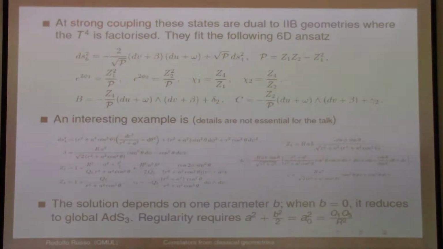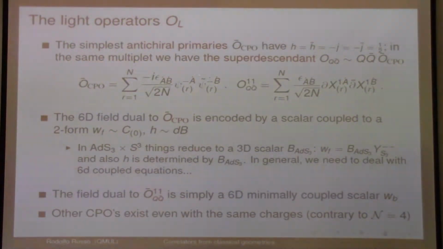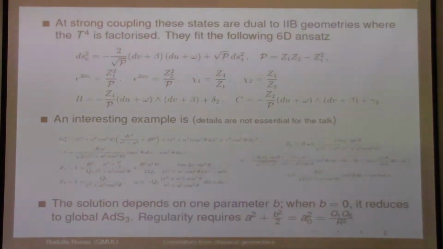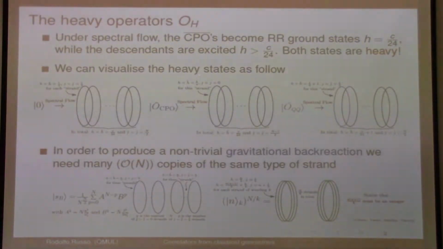Okay, so in previous slides, you are doing perturbation around 6D, so the first one should be the actual metric, and the second one is the conical geometry. The second.